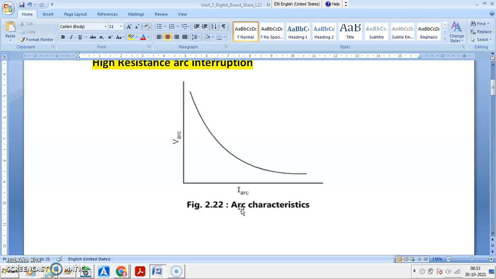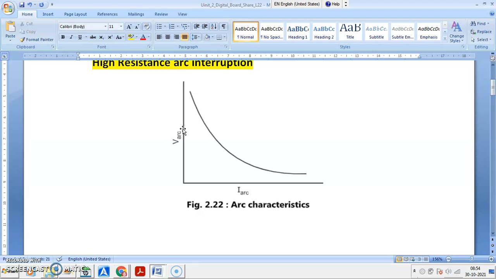So the resistance of the arc path is increased rapidly, so the voltage drop increases. When resistance increases, arc current reduces. When arc current reduces, the voltage across the arc decreases and the voltage drop increases.